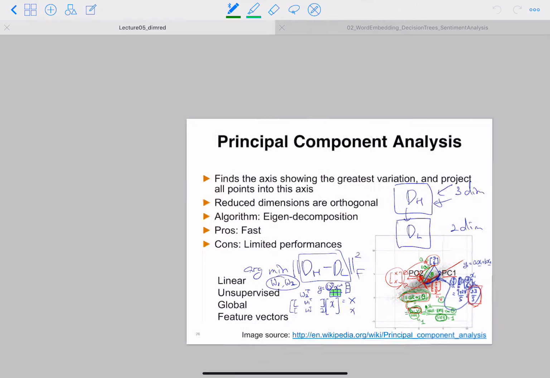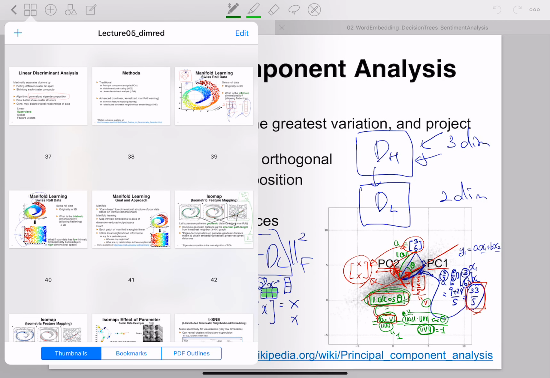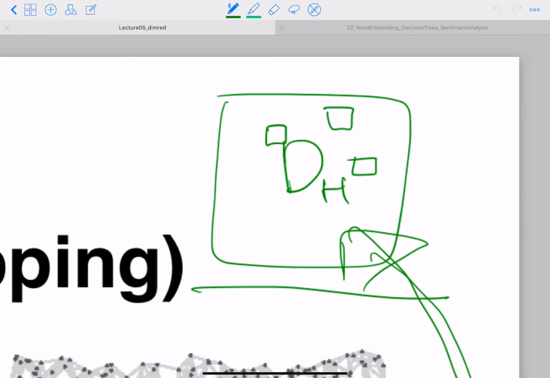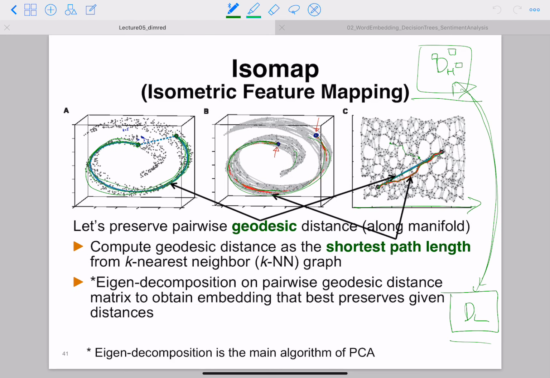In the case of Isomap, once we compute this D_H by following our manifold in an approximate manner, we apply this PCA kind of algorithm to compute the optimal solution that minimizes the difference between the low and high dimensional distances. So we perform eigendecomposition on this matrix. That's how we perform Isomap.